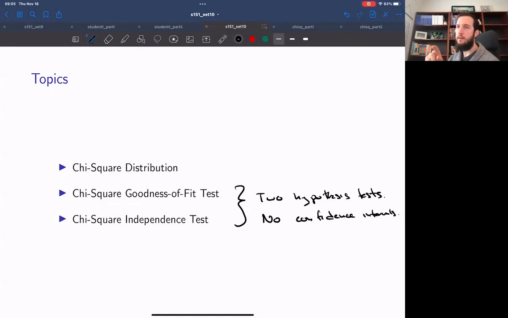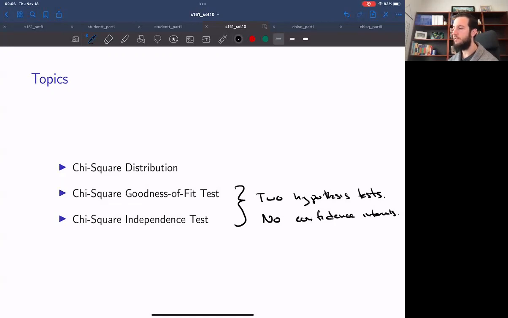But the easy way to identify these tests, as you're going to see when we look at examples, is that they're run on counts. So they're hypothesis tests for categorical data. So in the second case, when we talk about the independence test, that data will always appear in a contingency table.